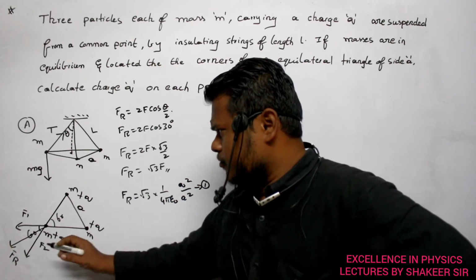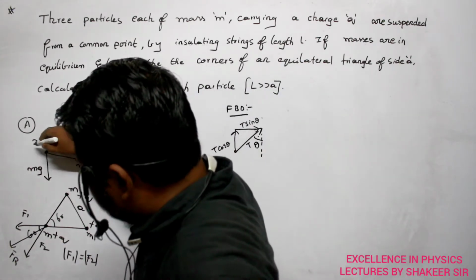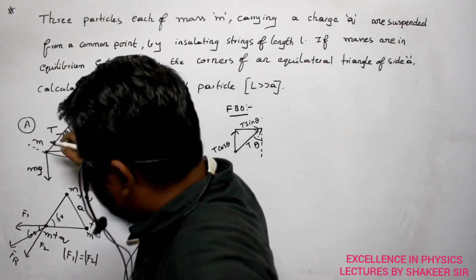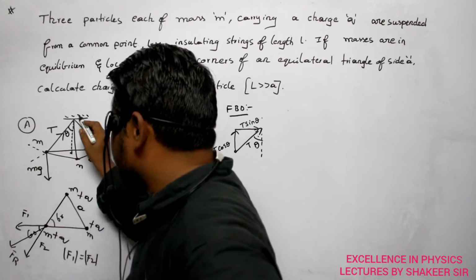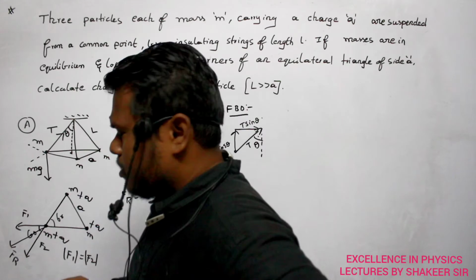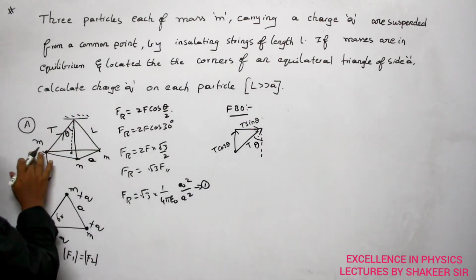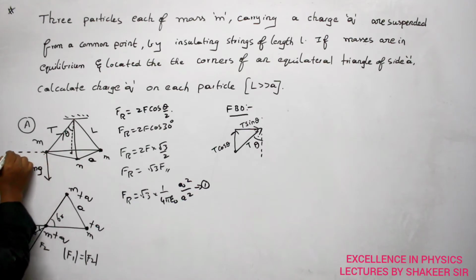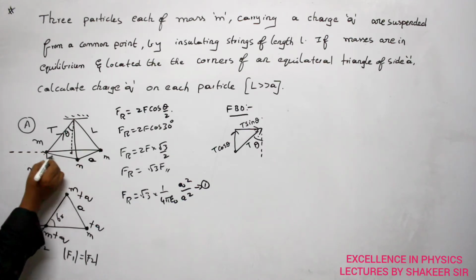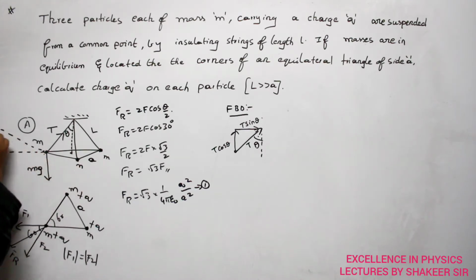This restoring force. One force will be acting in this direction, another force will be acting in this direction, due to this charge and due to this charge. Are you able to understand? So due to this charge, force will be acting in this direction, and due to this charge, force will be acting in this direction. So the resultant force will be acting in this direction. This is the direction of the resultant force. Are you able to understand?